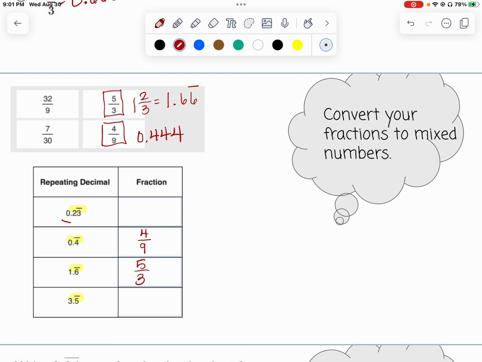Now, this number is less than 1, and this is the only fraction that's left that's less than 1. So that has to be it. And the reason why I know this is bigger than 1 is because it's 32 ninths.